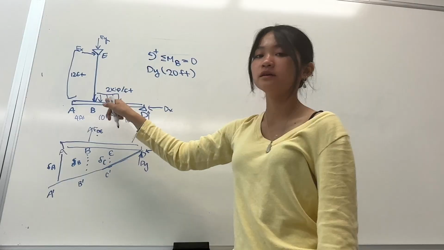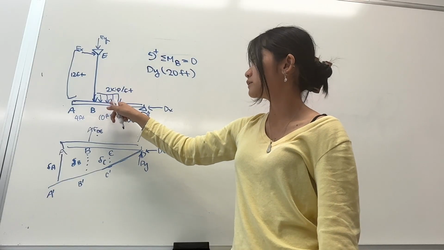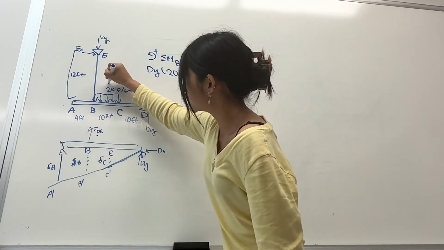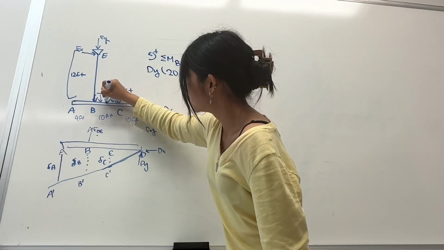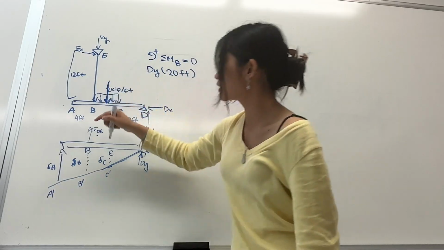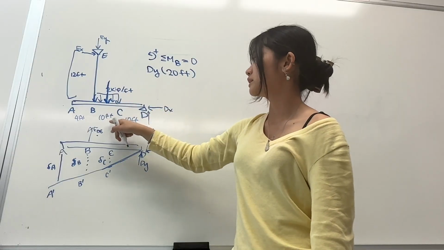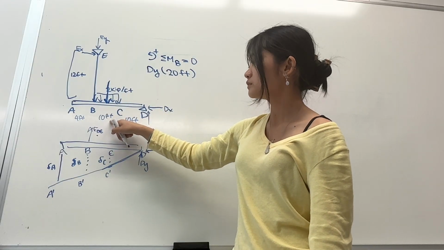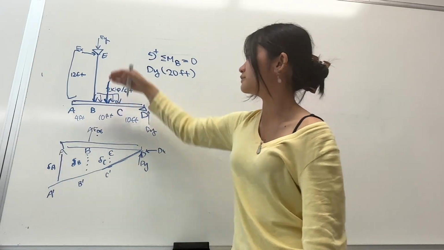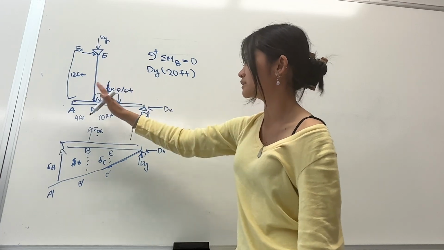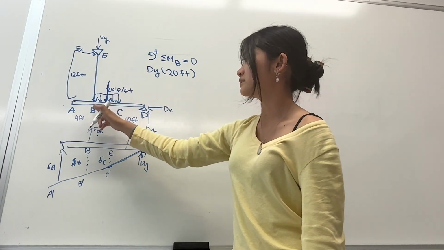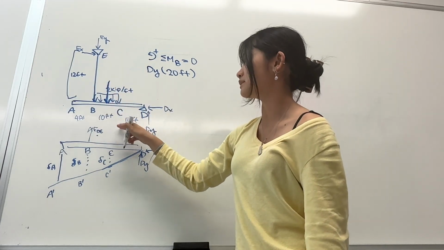So we can modify this. Instead of a distributed load, we can do a single force right here. And for that, we would multiply 2 kips per foot times 10 feet. Because if it's 2 kips for the entire length and it's 10 feet, then we have to multiply those.